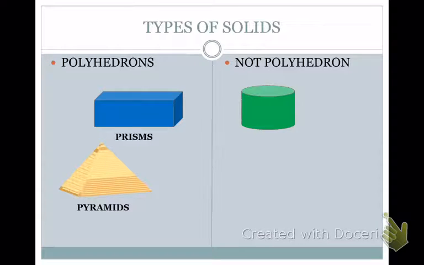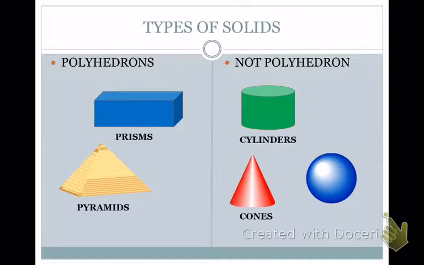A cylinder is not a polyhedron. And a cone is not a polyhedron. A sphere is not a polyhedron.